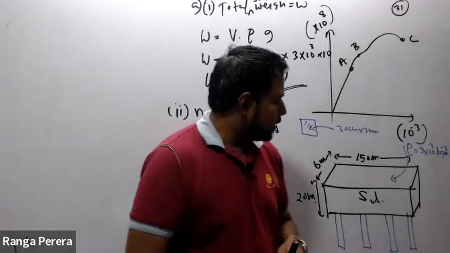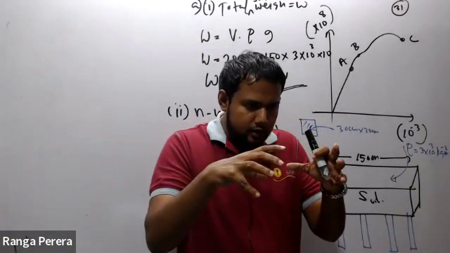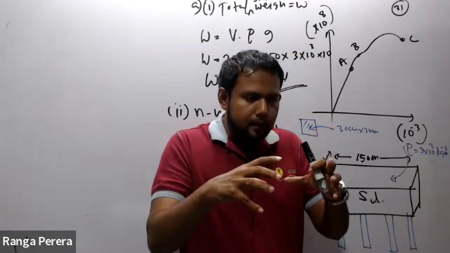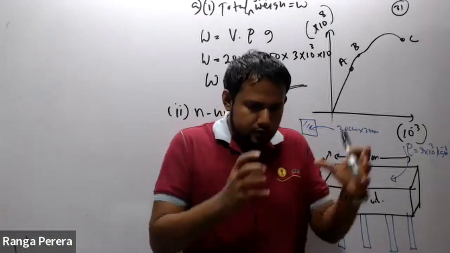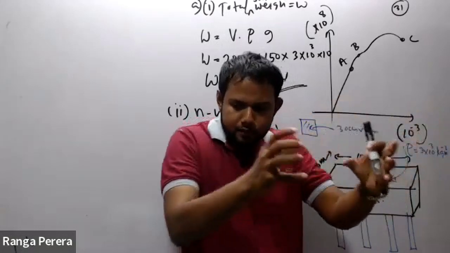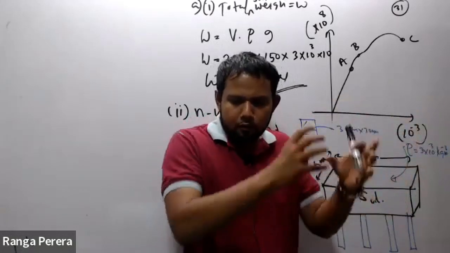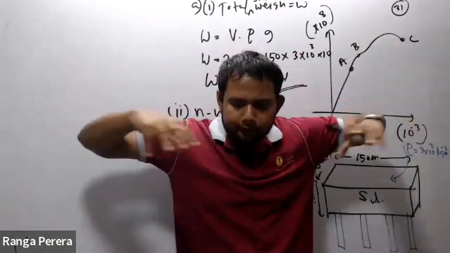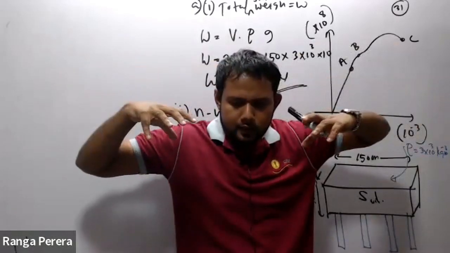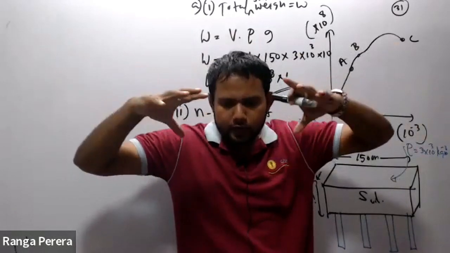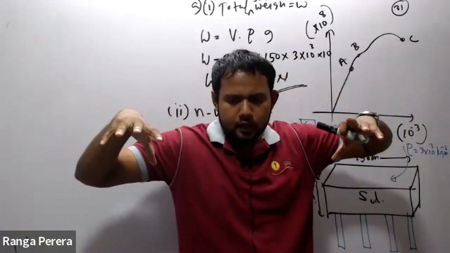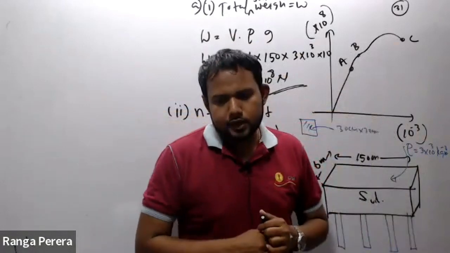Right? The total weight is supported by these columns, n number of columns. They ask you not to take any roofing material weight. Only the soil weight we have to consider.